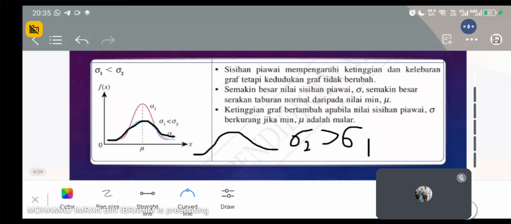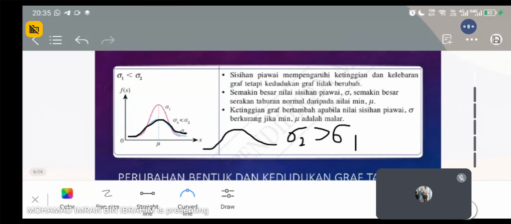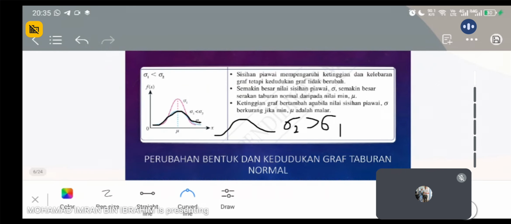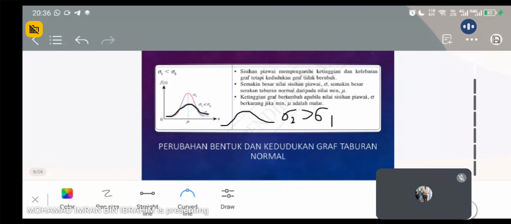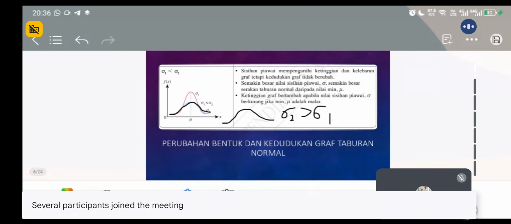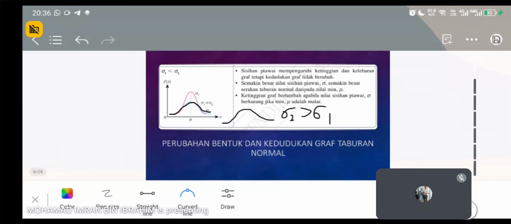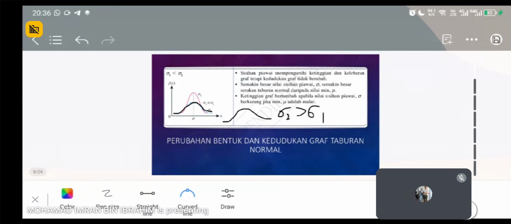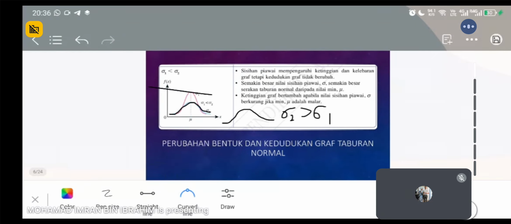We can just reverse that, and we can understand from that. So the height of the graph increases when the value of sigma decreases if the mean is constant. Only if the mean is constant. That's it. So you guys also need to notice this.